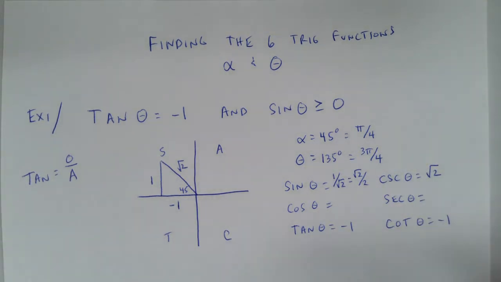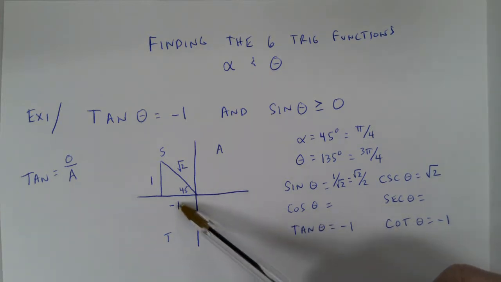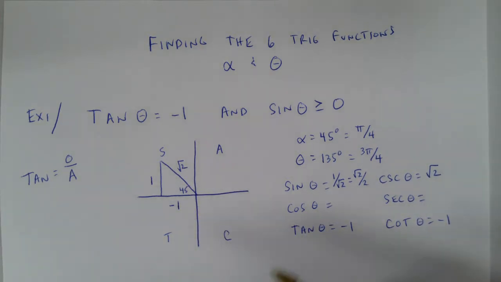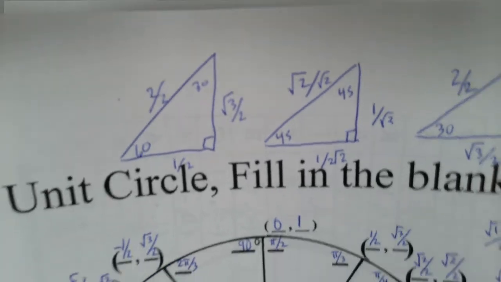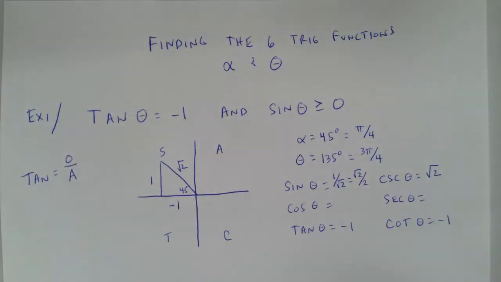Now, just so you know, we've just learned our unit circle. You can utilize the cosine, which is adjacent over hypotenuse, but you can also go to your unit circle. On the unit circle, we know that the cosine is x over r.